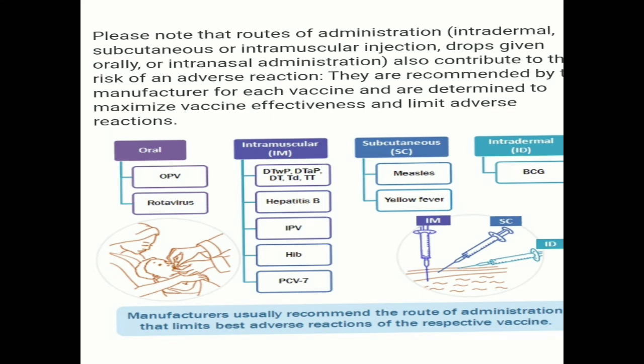The dosage is 0.5 ml. All the vaccine dosages are 0.5 ml except BCG, which is 0.1 ml. The only intradermal route is for BCG, and DPT and all bacterial vaccines are mainly intramuscular, live vaccines mainly subcutaneous. This is a simple way. 0.5 ml is the dosage for both the DPT and MMR.